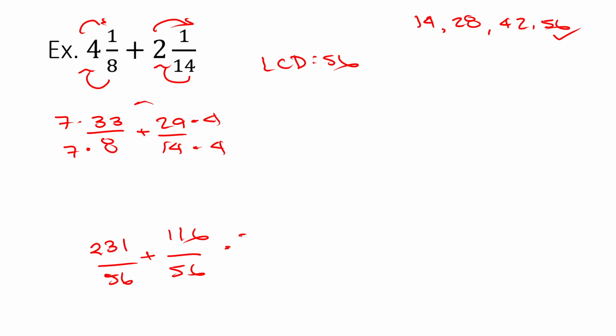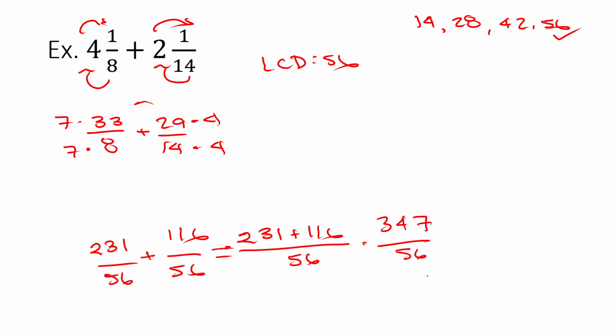So what do we do? Well, step 4 now. We add the numerators, 231 plus 116, and we keep the denominator the same, 56. 231 plus 116 is 347, and we keep the denominator 56.